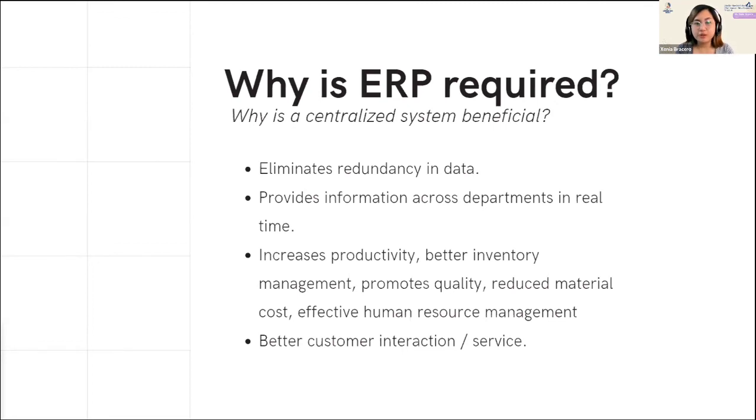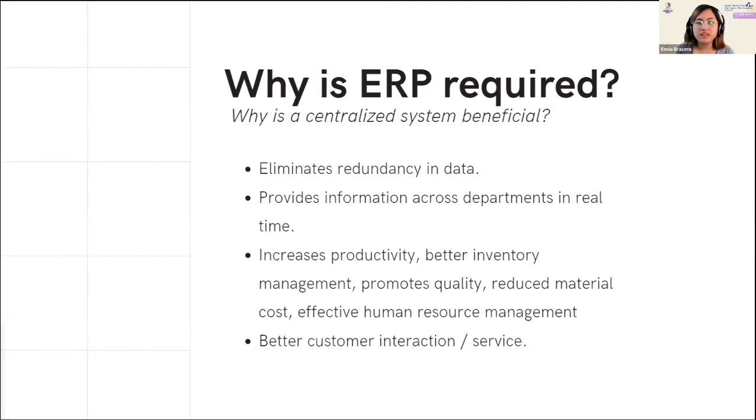And it also provides information across departments in real time. For example, earlier, since the sales team did not know that the product was out of stock, they were surprised, and maybe the sales team said, oh, we still have this, wait, let us check how many are in stock. But this is why ERP is required, because it can provide information in real time.